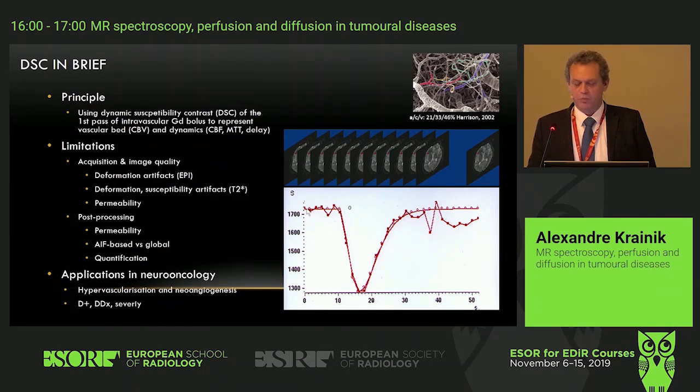And this is the general principle. You get a baseline, then you inject a bolus of contrast agent, actually using MR. And when you scan with T2 star, you will have a signal drop due to the transit of the bolus into your voxels, and you will keep measuring the signal change over time, and then it will normally go back to baseline.